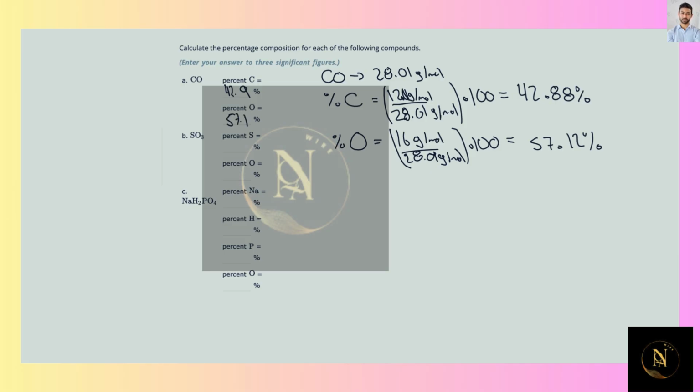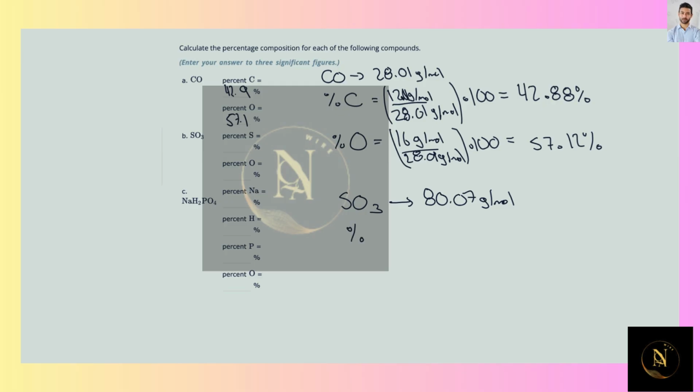Now we're going to do the same thing for SO3. In this case, SO3 is going to have a molar mass or a molecular weight equal to 80.07 grams per mole.